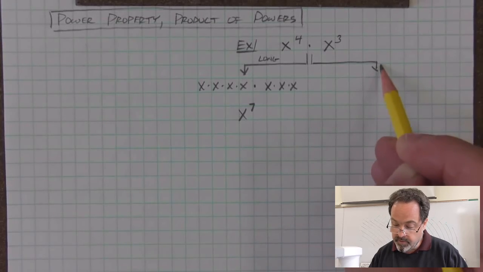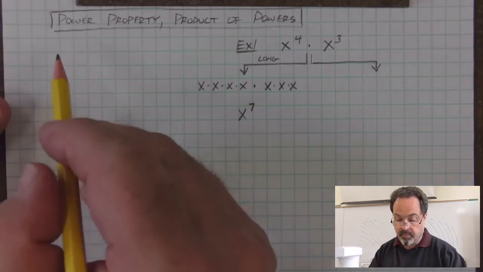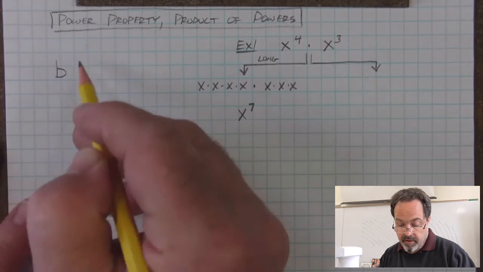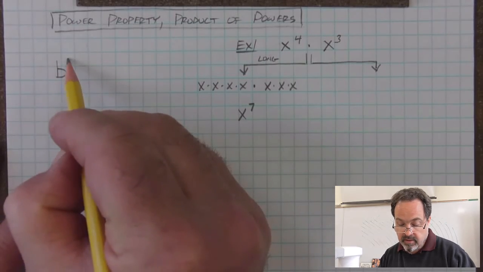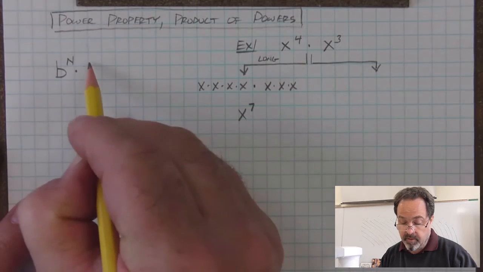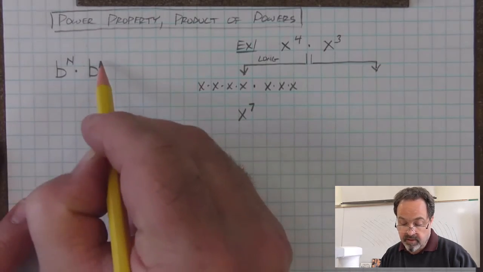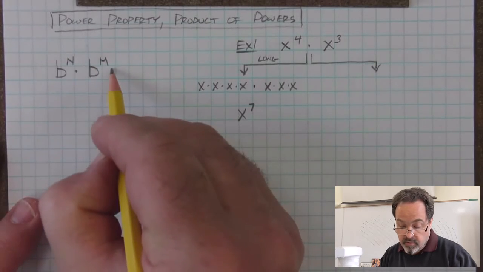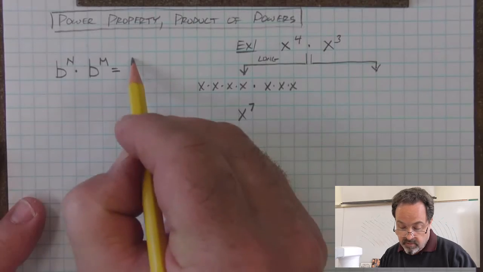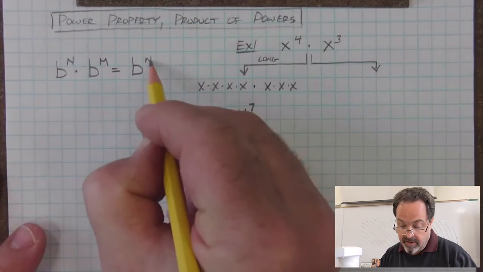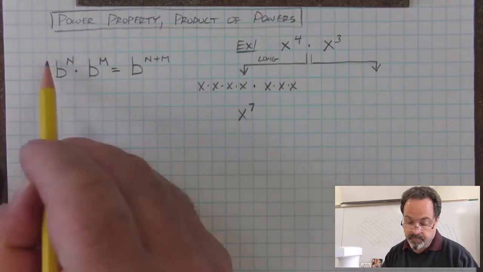with a power property. And the power property is this in general terms. If you have a power with any base b and exponent n, and you're multiplying by a power with the same base b and a different exponent m, then you can simplify this into a power with, again, that same base b by adding the exponents.